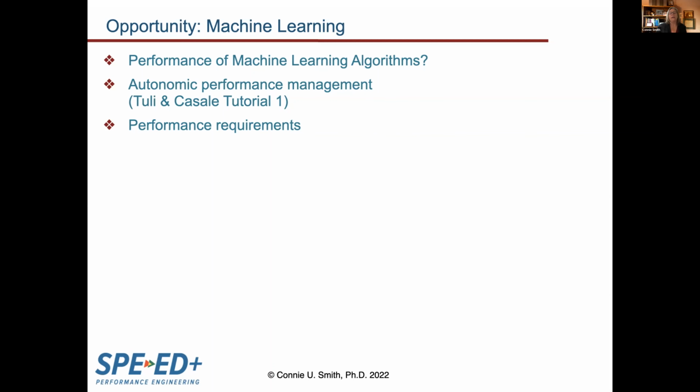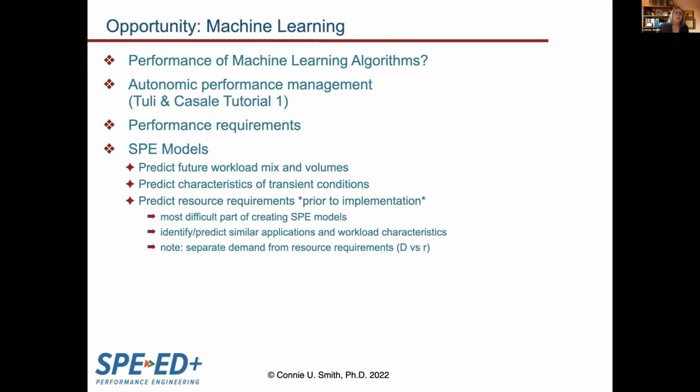And if you have quantitative performance requirements, then you have a lot better chance of managing performance expectations. So I don't know how to do all of these things, by the way. I'm just suggesting that I think that we could take a look at this new technology and make some headway on being able to solve some of these problems.